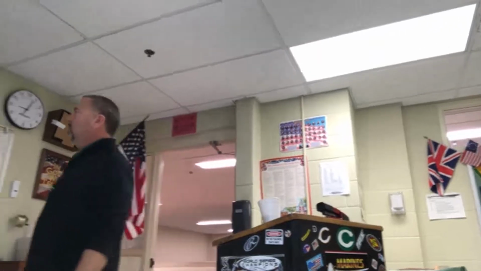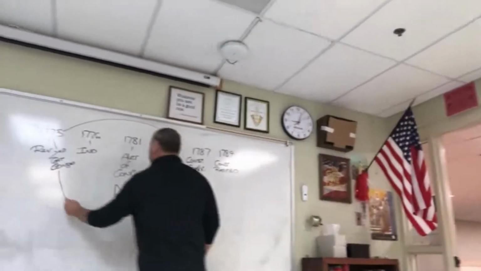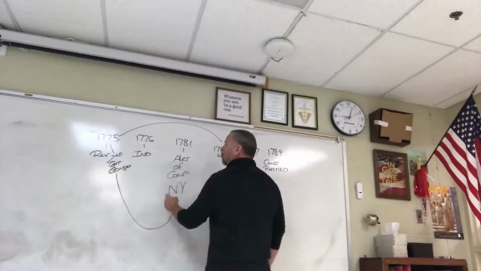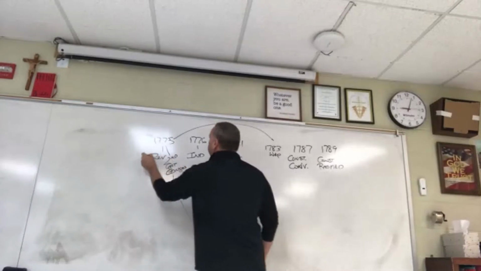All right, so let's dig into this a little bit. During the Second Continental Congress, they wrote the Articles of Confederation. So who wrote the Articles of Confederation? The Second Continental Congress, which was in session 1775 to 1781, the Revolution.